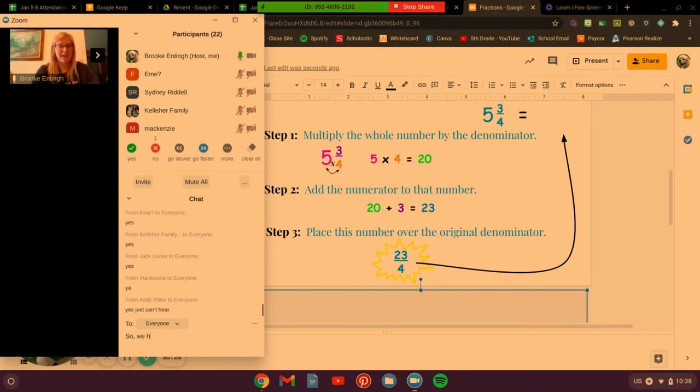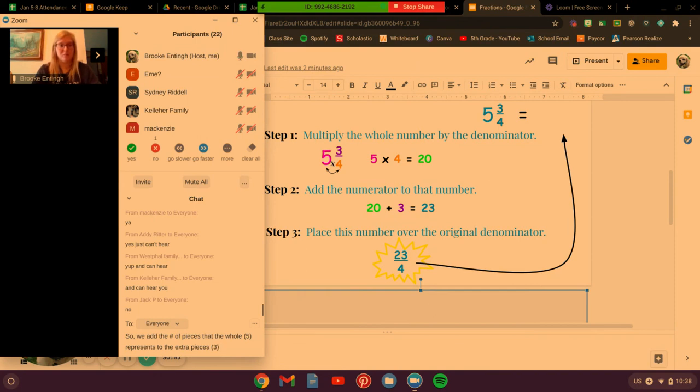So we add the number of pieces that the whole 5 represents to the extra pieces 3.